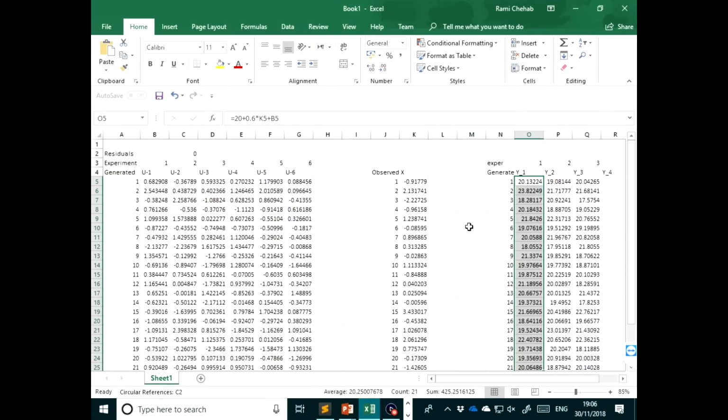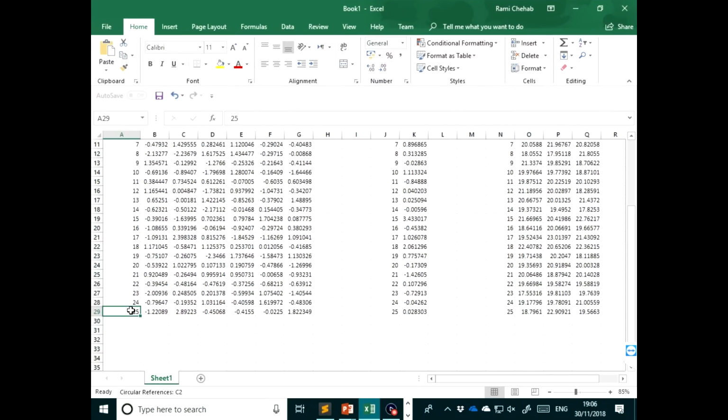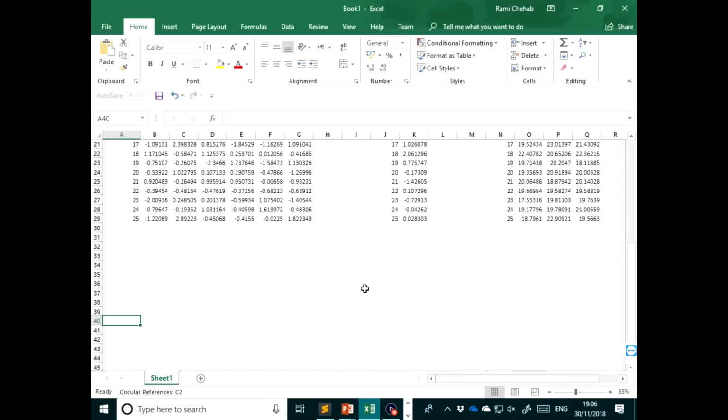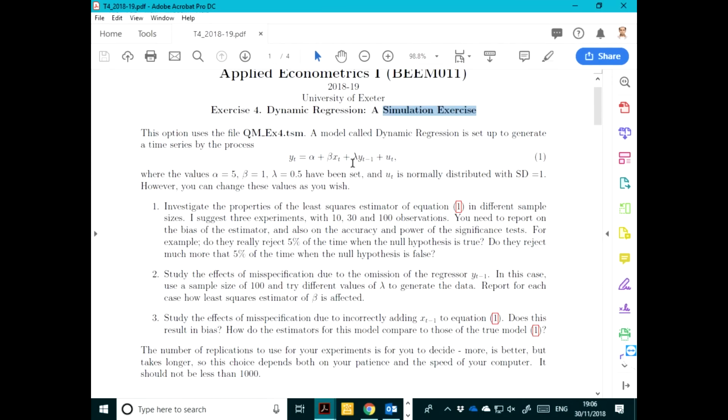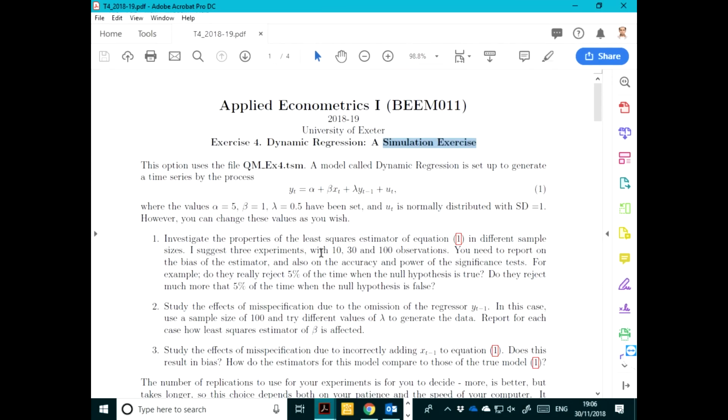So here we're assuming that when we are running a regression, we have only 25 observations. However, when you have more observations, the beta 1 hat is more likely to approach beta 1. And this is basically the main idea of your exercise over here.